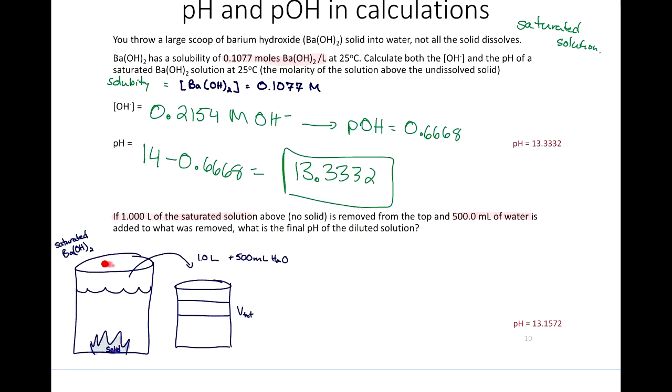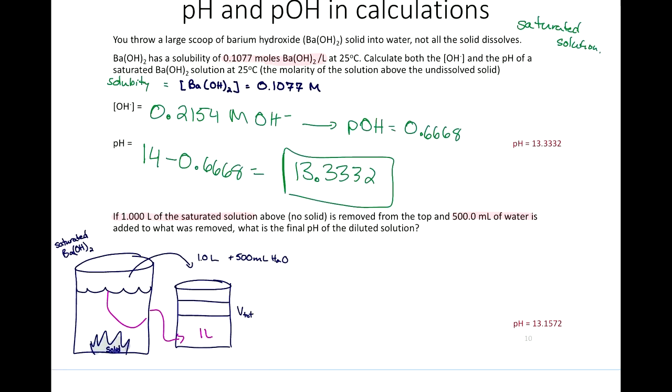We just calculated that this had a pH of 13 point whatever. Let's take 1 liter of that barium hydroxide solution, stick it into the bottom, and then dilute it with 500 milliliters of water. Right? So this is just dilution.